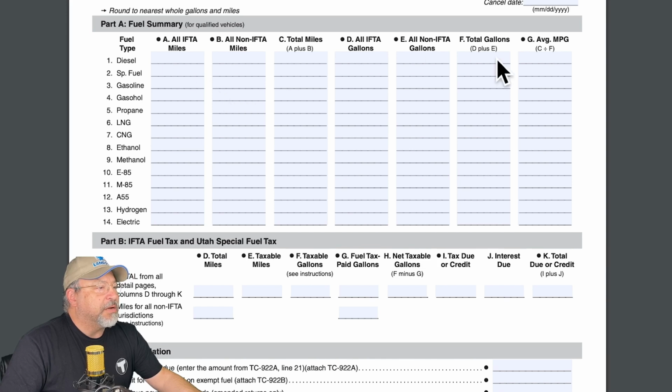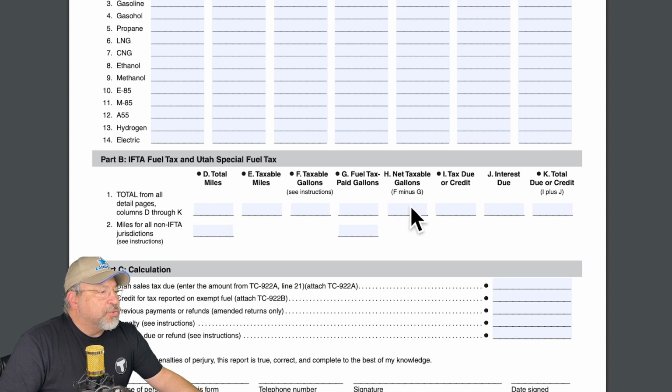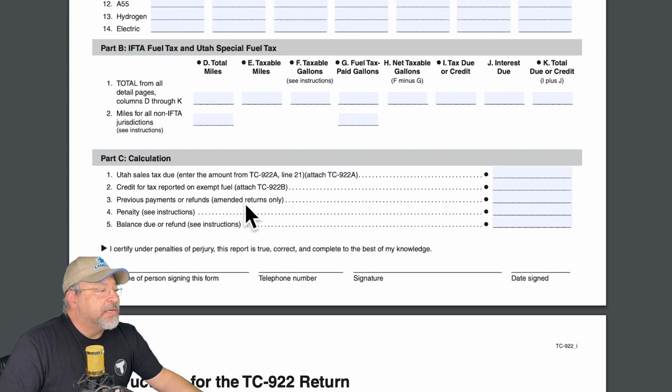It's just going to be all right here. These are totals that we'll get from the second page, which is the detail page. And then line item number 5 in Part C will tell us whether we are getting a refund or whether we have to pay some money.